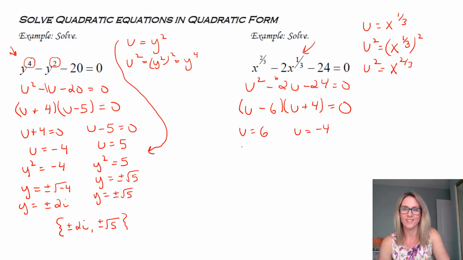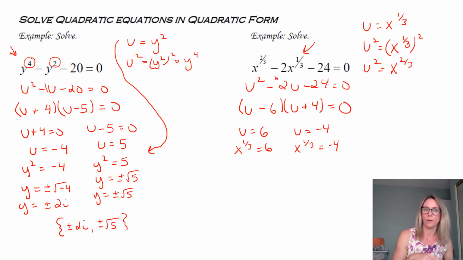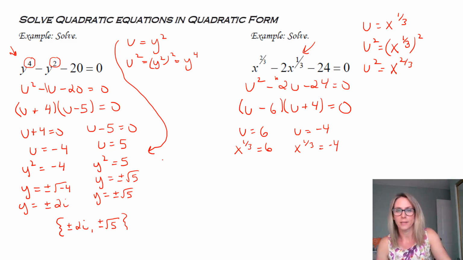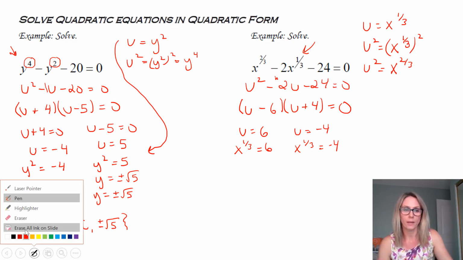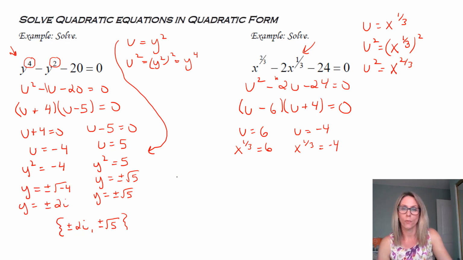However, we also have to think about the fact that u is x to the 1/3. In order to solve this for x, in order to have x by itself, we want to get rid of that 1/3. The opposite operation for raising to the 1/3 is to cube it.